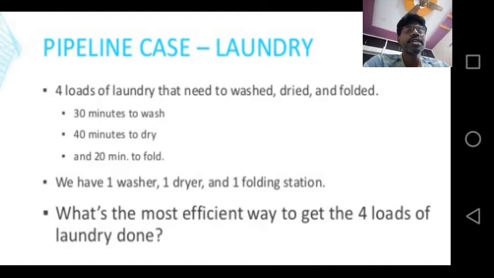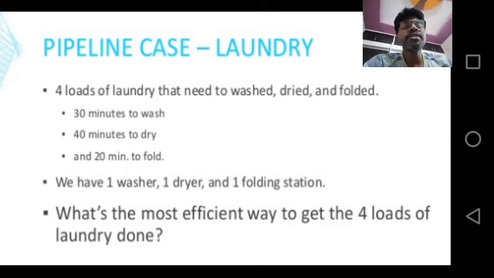So let's take an example. There are 4 loads of laundry that need to be washed, dried and folded.